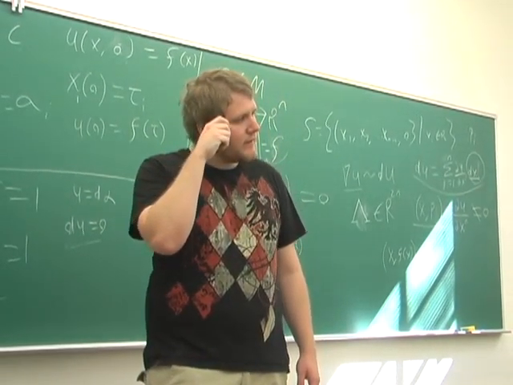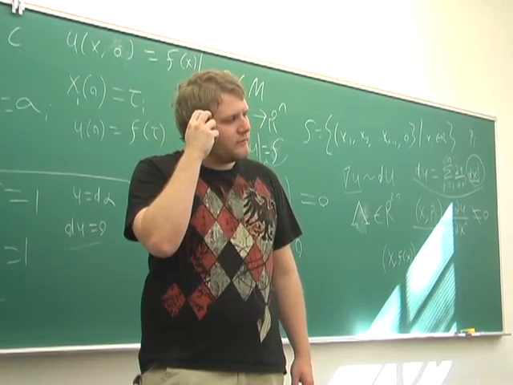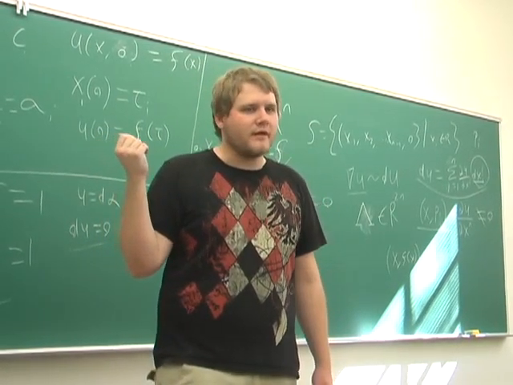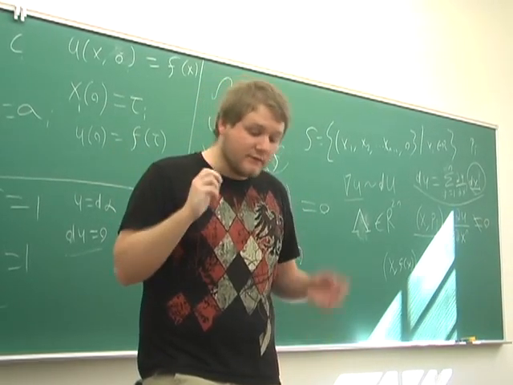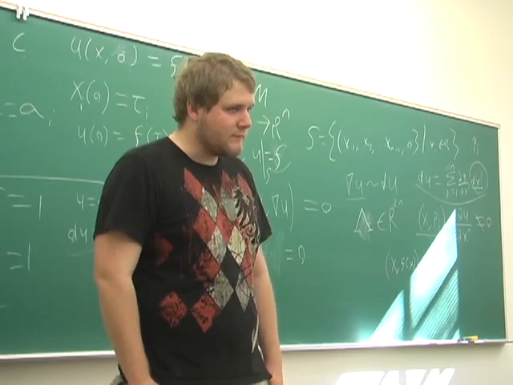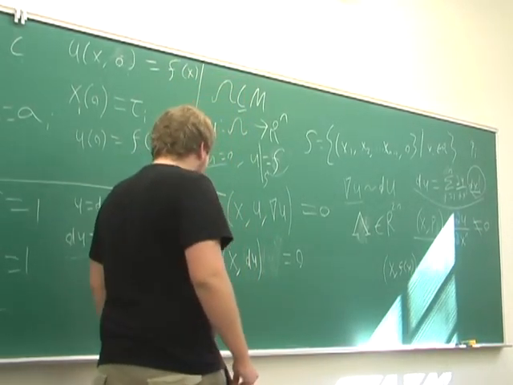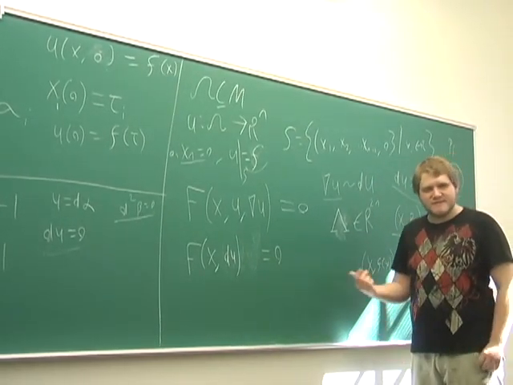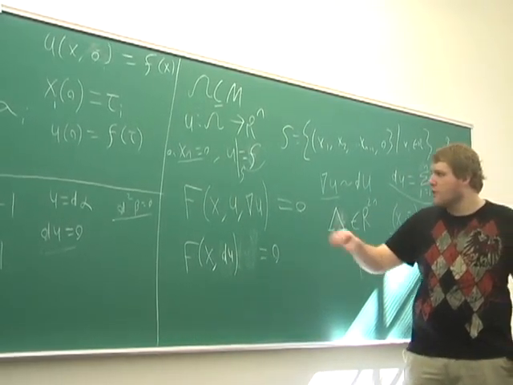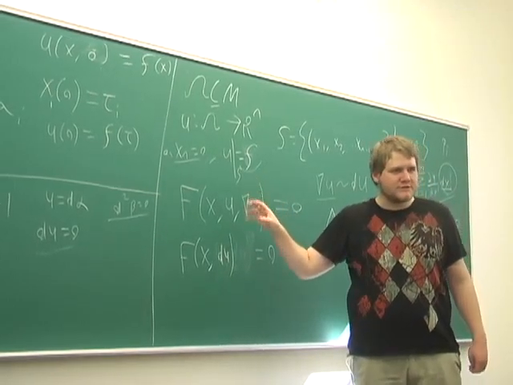Okay. I could write the formulas up for you guys, but I don't think many people would get much out of it. But I think it is useful to know that such a trick exists, so that we can focus on the study of this system, and take all of these results, and then there's this nice trick that allows us to talk about all first order equations in some sense.